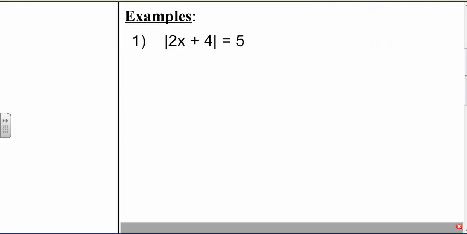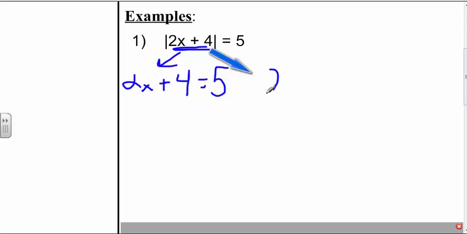Absolute value 2x plus 4 equals 5. Remember, it's the inside piece that could either be a positive 5, so 2x plus 4 equals a positive 5, or 2x plus 4 equals a negative 5.